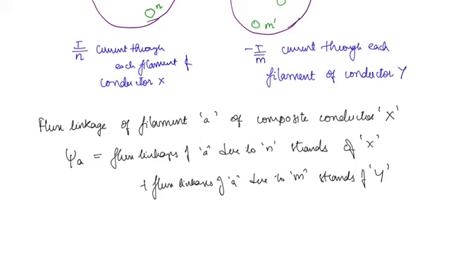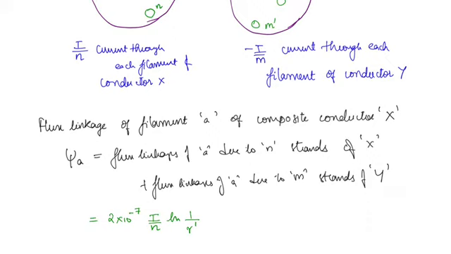The flux linkage of A due to current in itself. These basic expressions we have already derived: 2 into 10 to the power minus 7 into the current through it, which is I by N, ln 1 by r dash. This expression we derived in the n phase system.